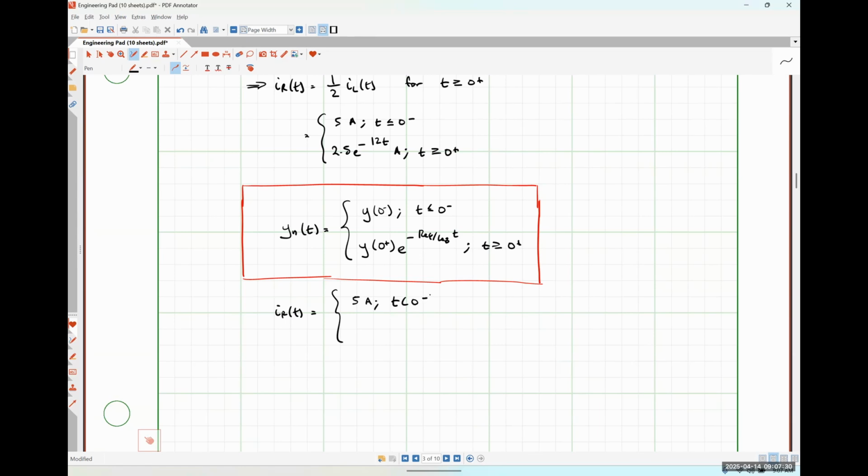What was the value of the resistor current at t equal to 0 plus? 2.5 amps. e to the minus REQ over LEQ is going to be the same for everything. So that's e to the minus 12t amps for t greater than or equal to 0 plus. The exact same result we got using current division. It has to be.